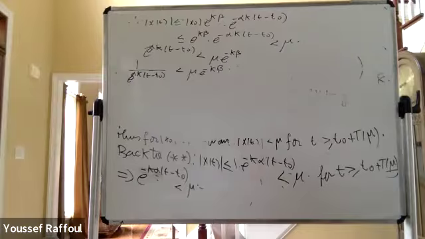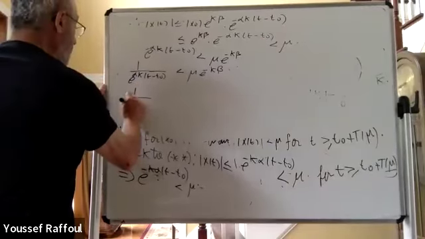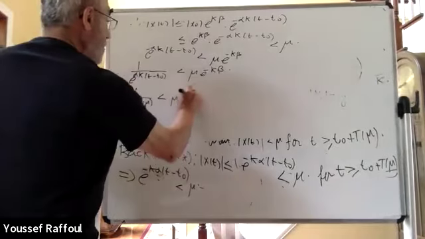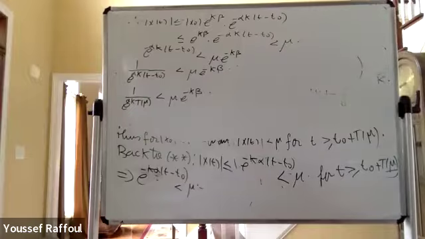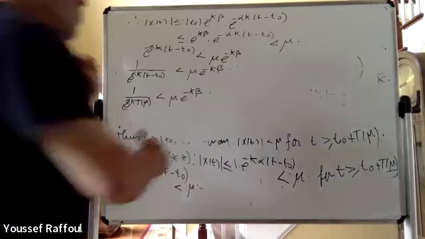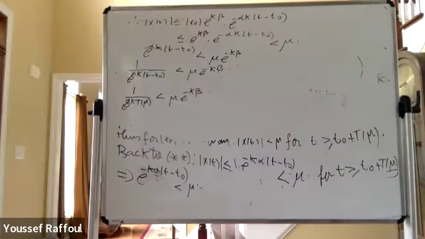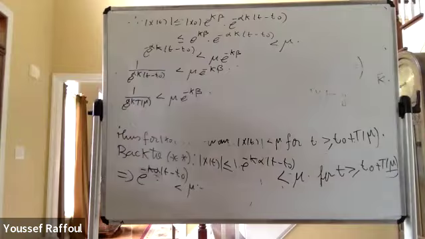All right. So that means 1 over e to the alpha k t mu is less than mu e to the minus k beta. You see what happened? Because what do we have? We have this one: if t minus t naught is bigger than that, then this is going to be.